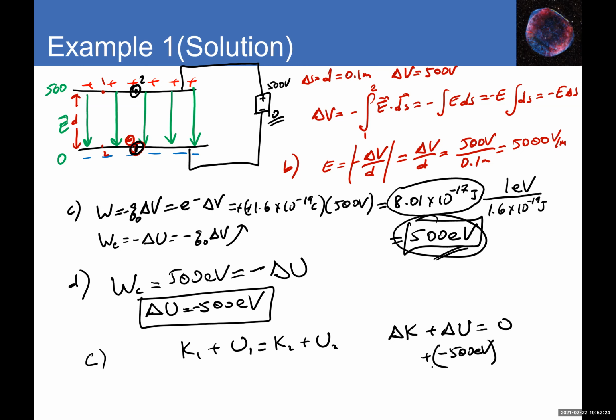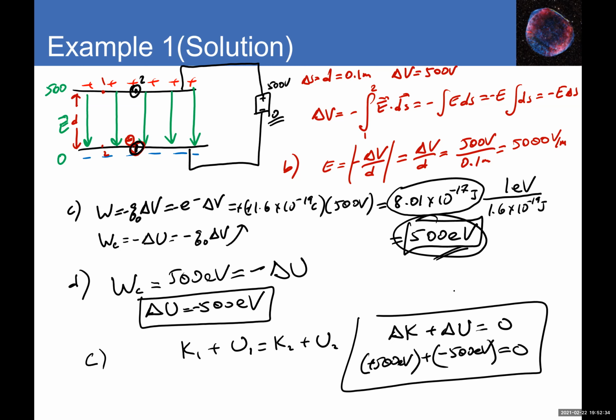Then delta K has to be plus 500 electron volts, so that conservation of energy works. Delta K is equal to negative delta U, which means negative of negative 500 electron volts. So delta K is equal to 500 electron volts. That's the change in kinetic energy.